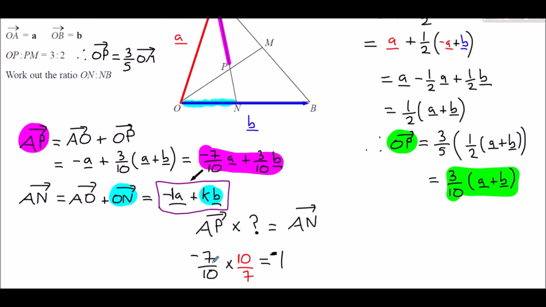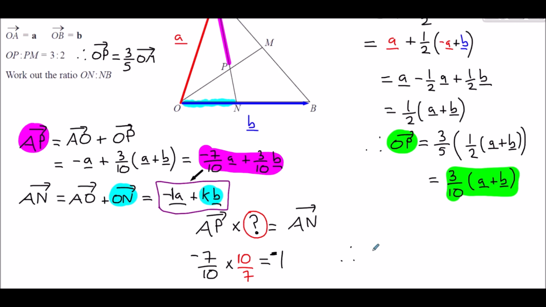So it's basically just a reciprocal without the minus. 7/10 times 10 over 7, the 10 cancels, the 7 cancels. So I must be multiplying by 10 over 7. Therefore, k will be 3/10 multiplied by 10 over 7.